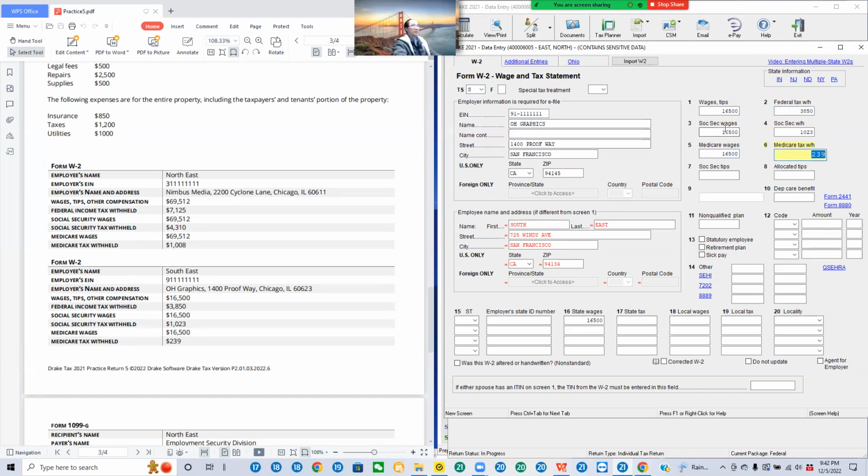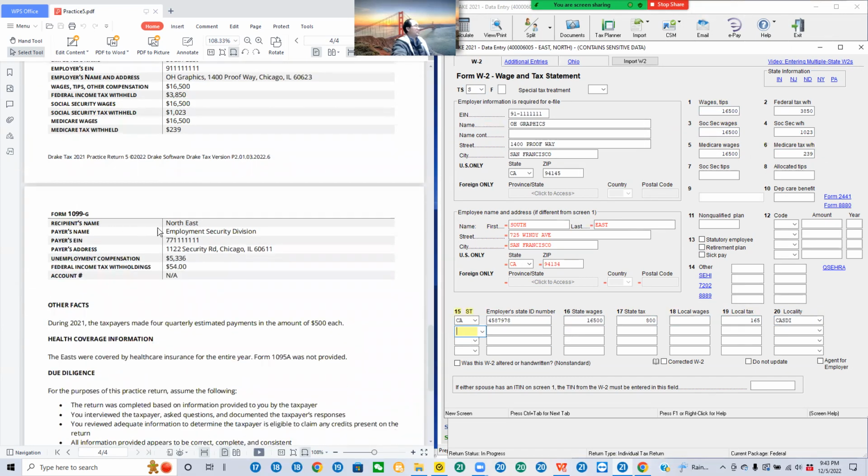In this example, box 1, 3, and 5, they're the same in here. So now I also make it for state of California. So let's say they also have 800 of state of California tax. And they also have California SDI. Now, we finish those two.